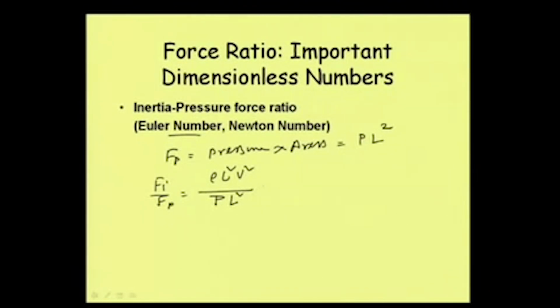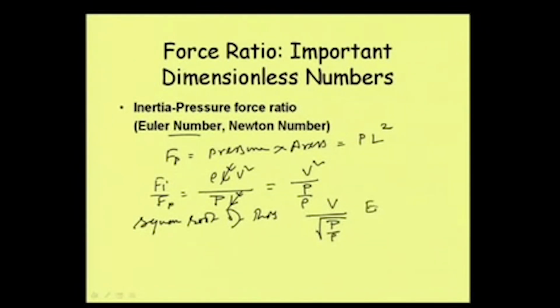Well, so that will give us this expression as V square divided by P by rho, with L square getting cancelled. The square root of this number is called the Euler number, that is V by root over P by rho.